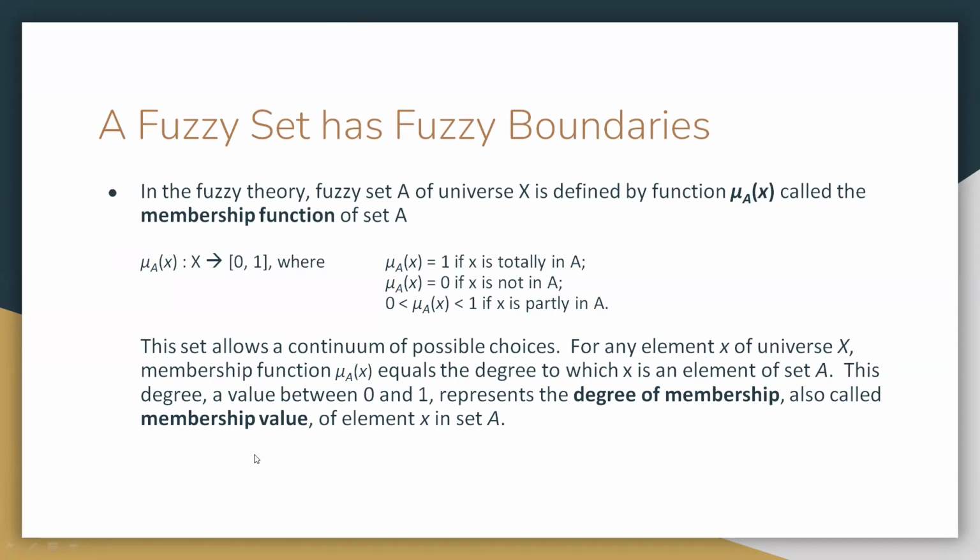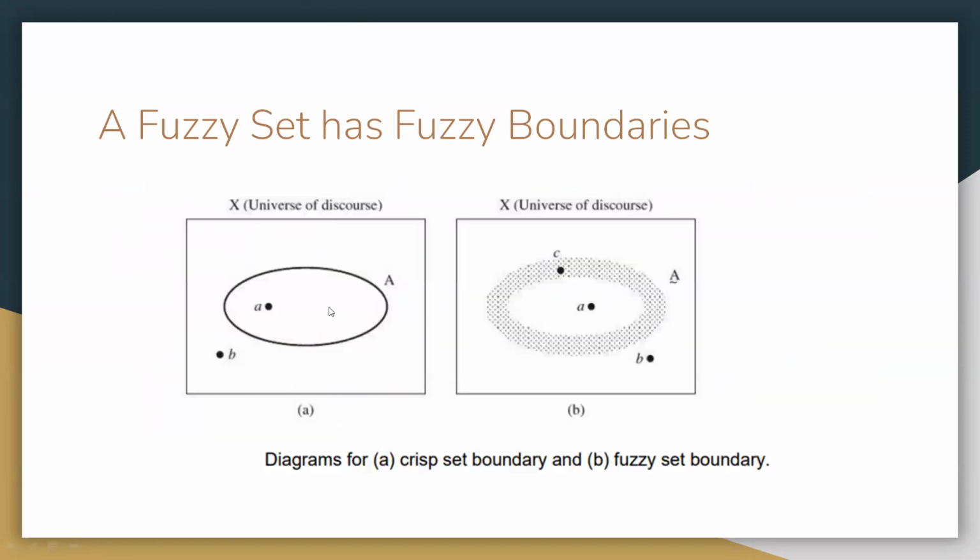The degree of membership or membership value, both are the same thing for the element small x in the set A. And you can see here a simple boundary showing what is a crisp set and what is a fuzzy set boundary. We can go beyond the exact boundary in the universe of discourse itself, showing a fuzzy boundary.